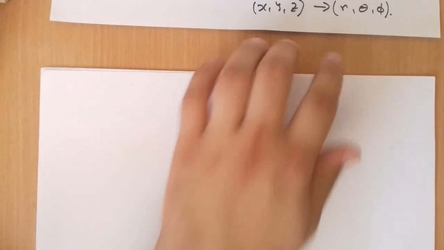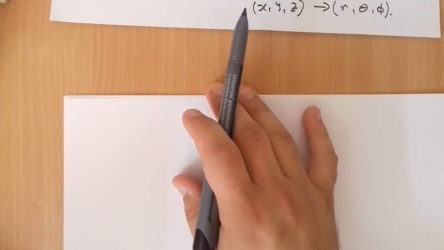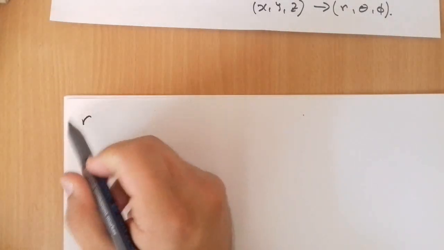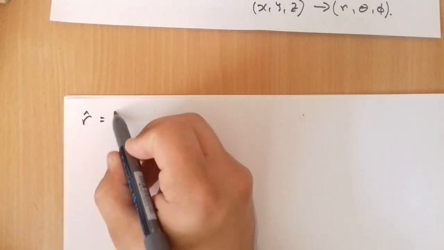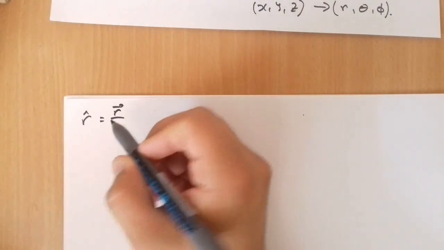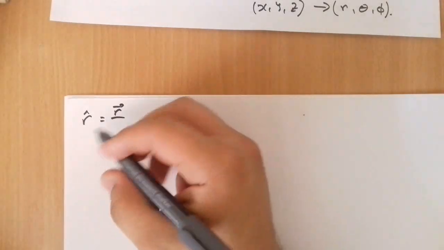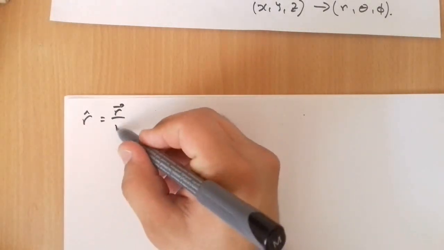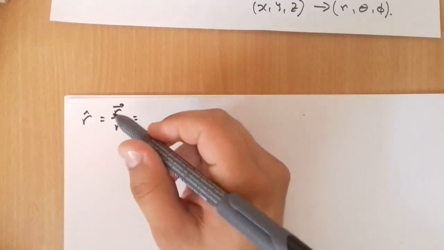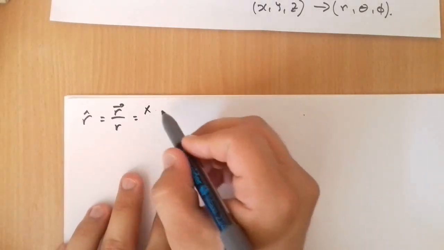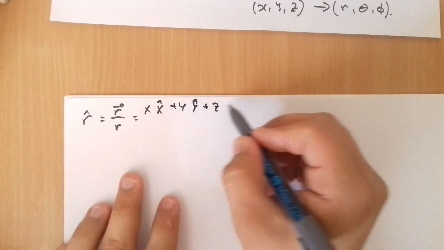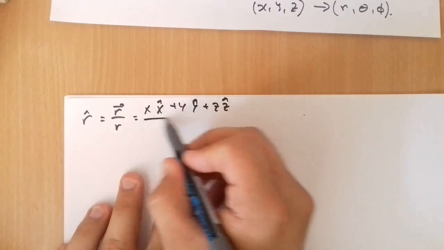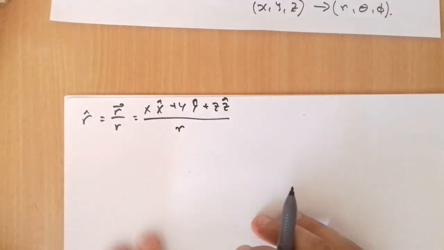The definition of the unit vector is r hat, which is the r vector divided by the absolute value of r. So this is x hat plus y hat plus z hat divided by r.